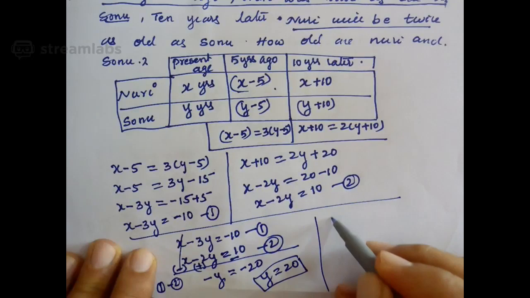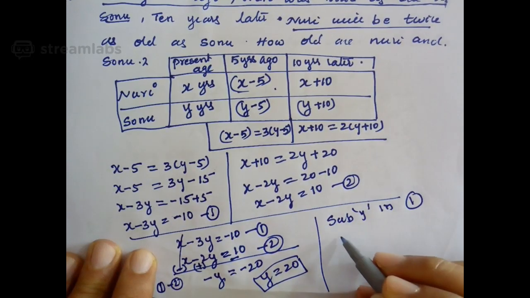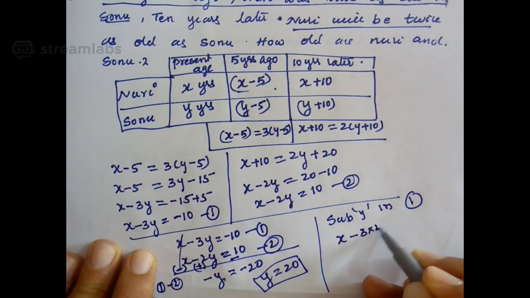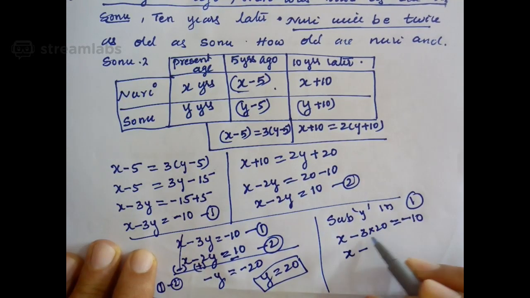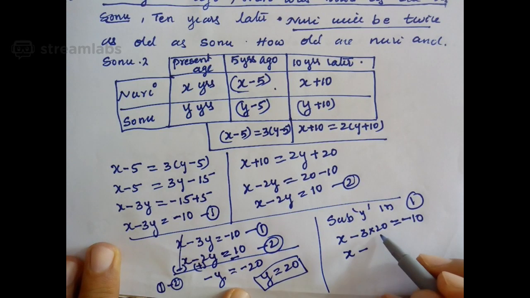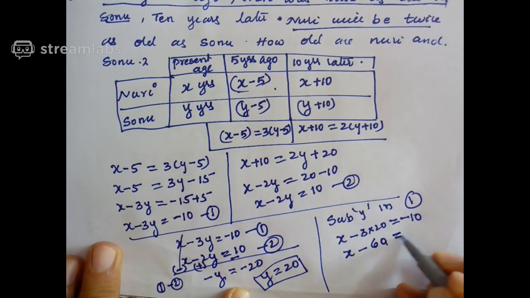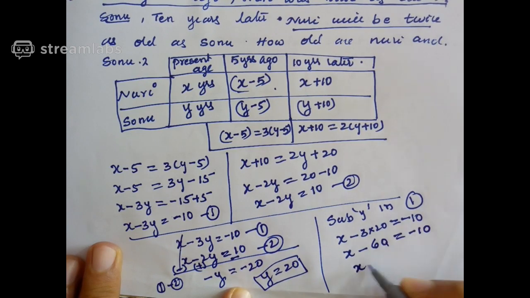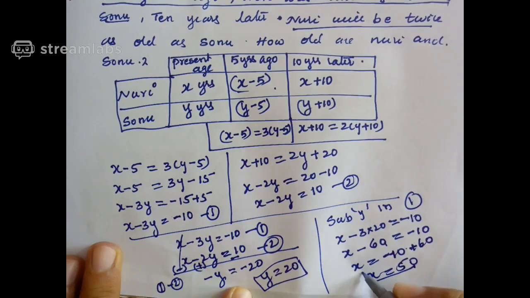Correct? Then substitute y in equation number 1. x minus 3 into 20 is minus 10. x minus 3 twenties are 60. x minus 60 is equal to minus 10. x is equal to minus 10 plus 60. x is equal to 50.